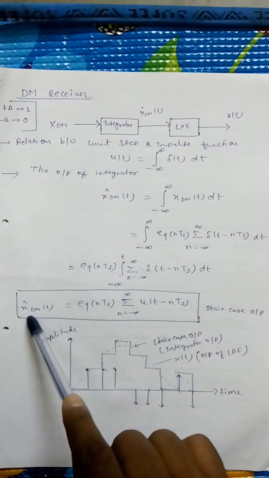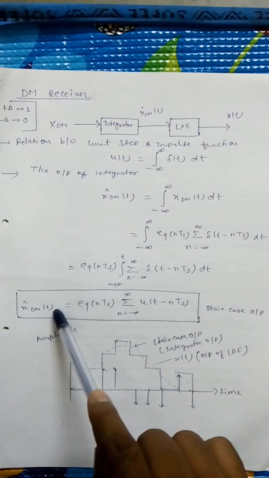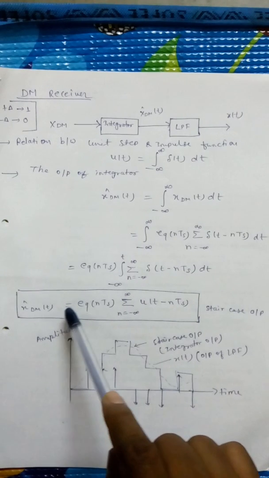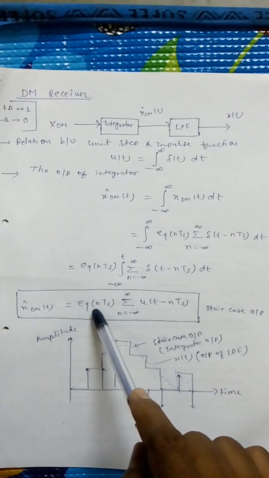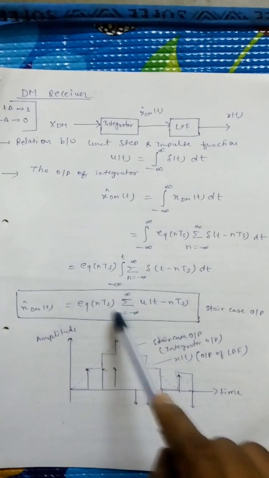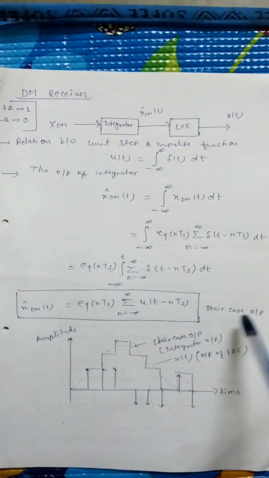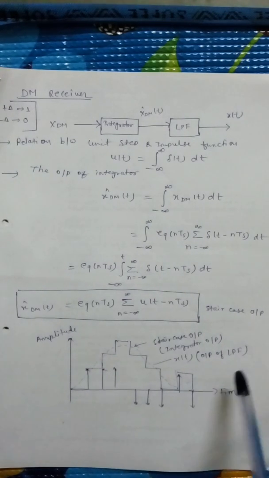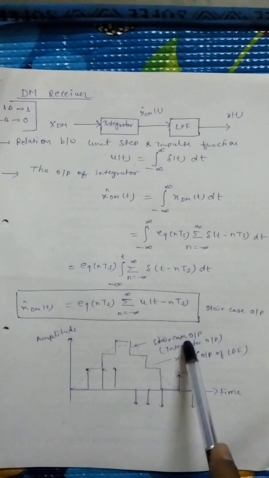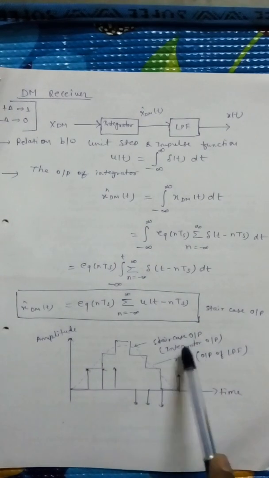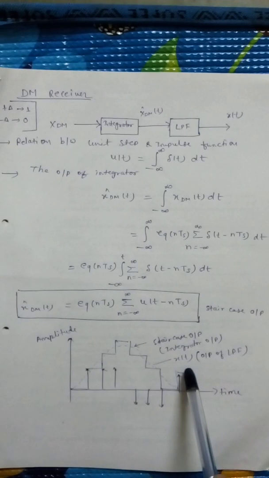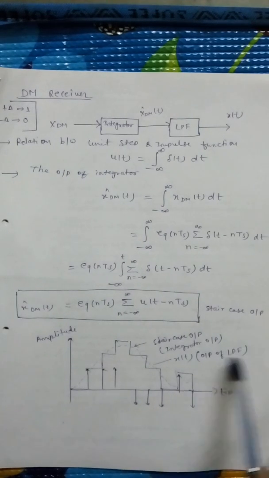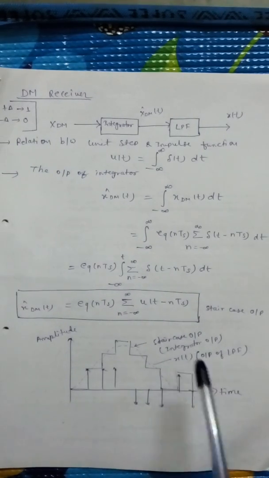So this is our output of the integrator circuit, and this signal is in the form of a staircase. We got a staircase output. Now this diagram represents the staircase output, the integrator's output, and the output of the low pass filter, that is our message signal.